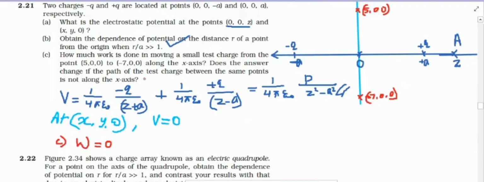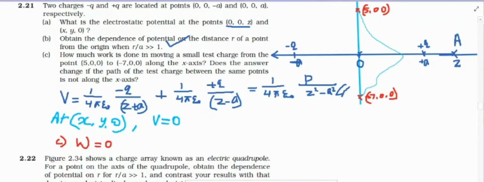Then, does the answer change if the path of the test charge between the same points is not along the x-axis? Suppose it is not traveling along this straight line, but going like a curved path. Will you get the same answer or a different answer?